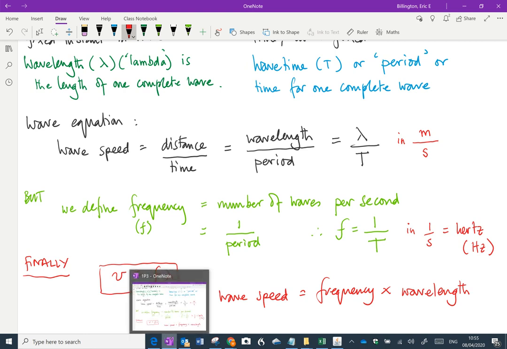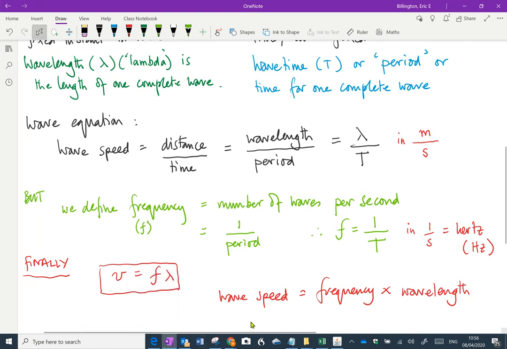Well, yes, it is, because if we look at the previous, wave speed is lambda over t, but f equals 1 over t. So if we want to divide by t, we've got to multiply by frequency. Also, we can say to ourselves, well, if the wavelength's 2 meters and we have 3 of them each second, then we're going to travel at 6 meters per second, because we're going to do 2 meters 3 times, 6 meters in a second.